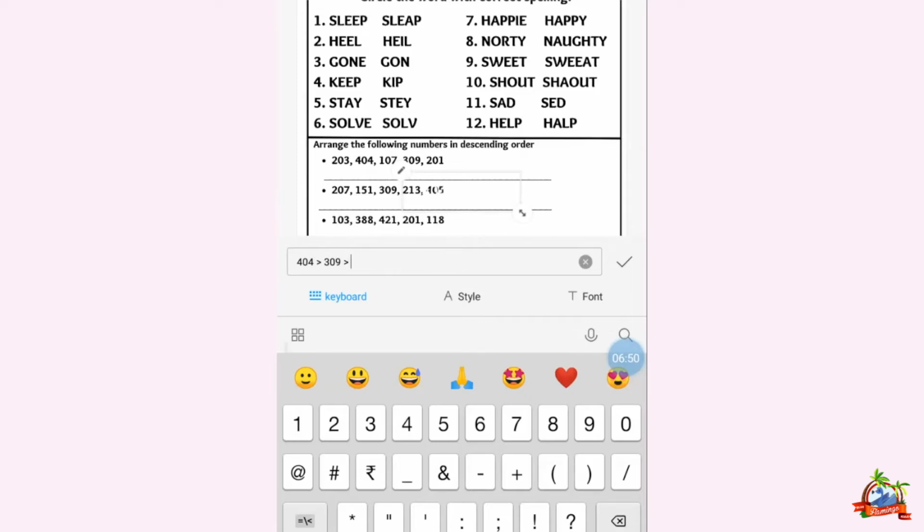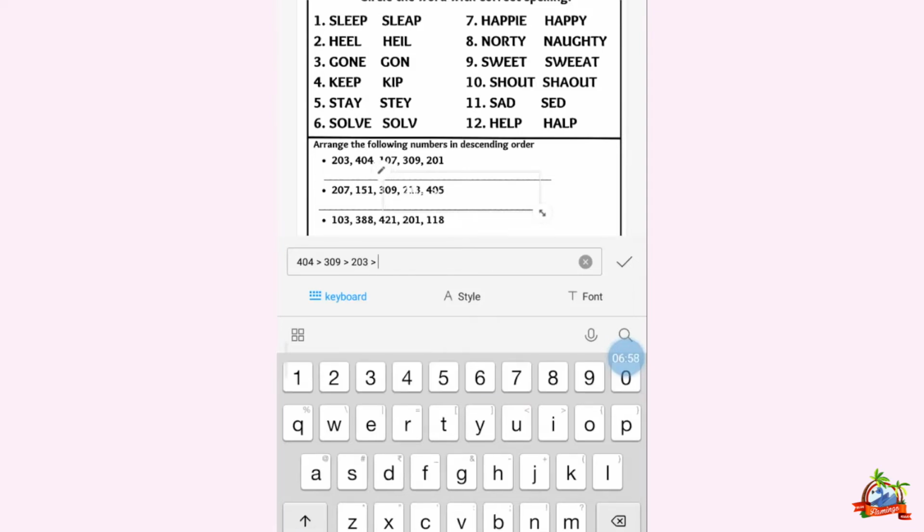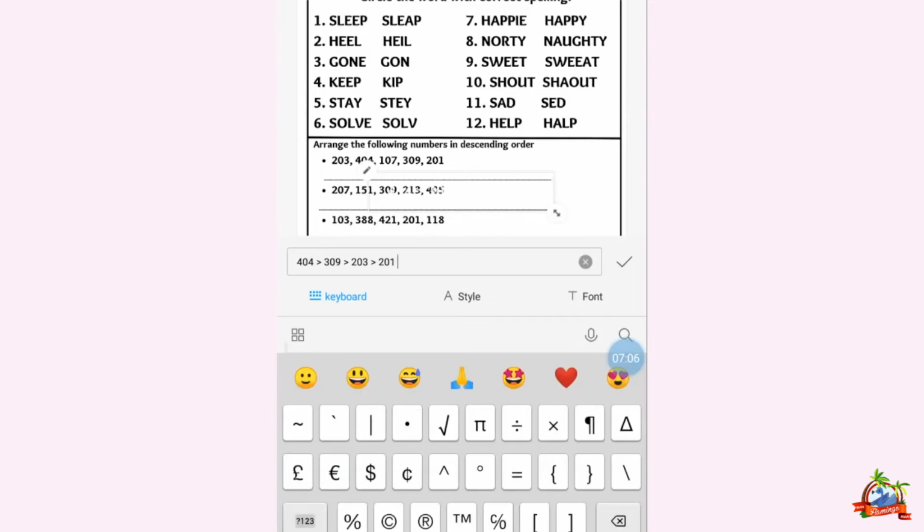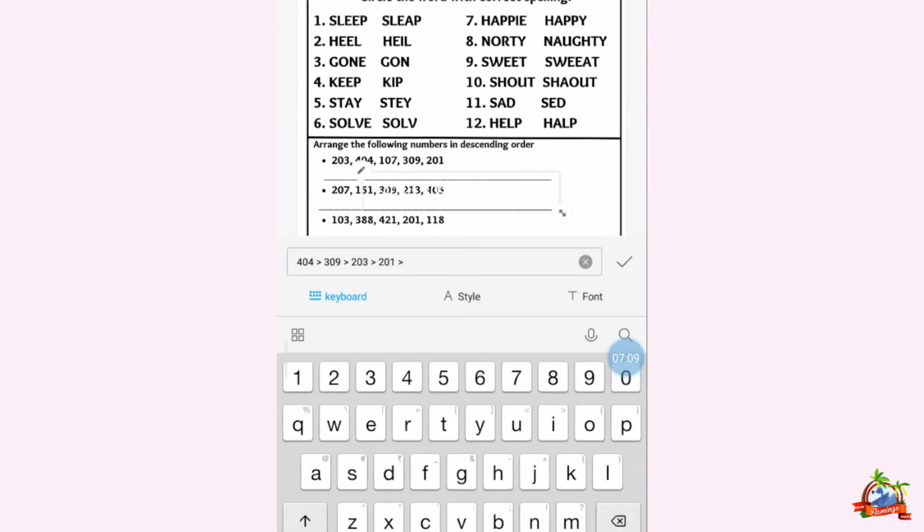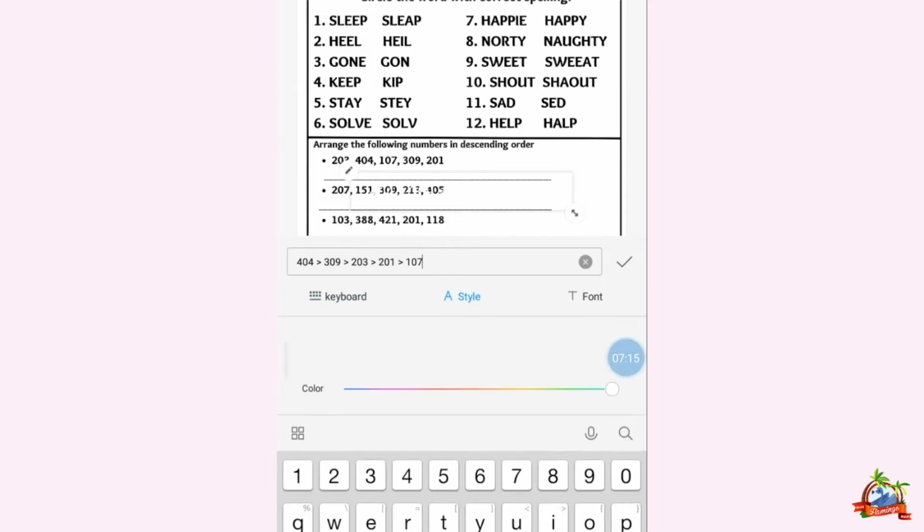After that, what we will write? 203. After that, 201. Then last number will be 107.